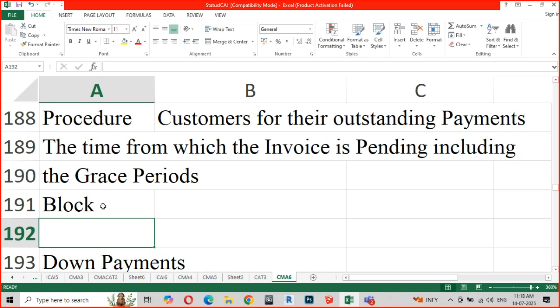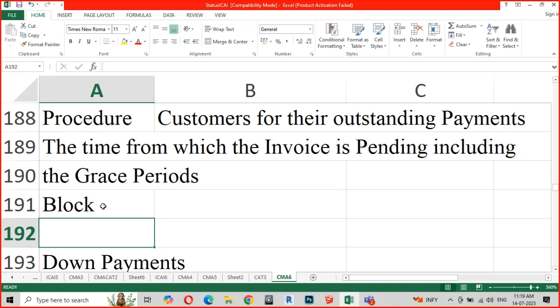If you're dealing with a very important customer, he will be very irritated to get constant reminders. He doesn't like to be reminded that he needs to make the payment. So for such customers, I can block the procedure from happening. I may not allow the dunning process to happen at all.